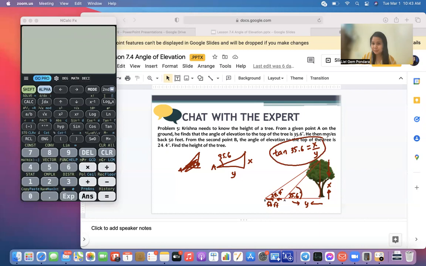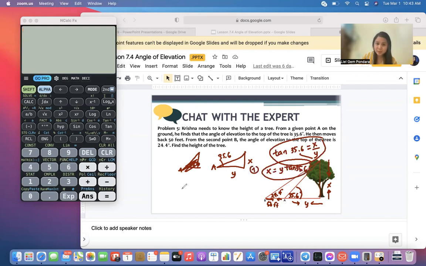This is the first one. Now, what do we do with that? We need to equate it all by x. So cross multiply, we'll have x equals y tangent 35.6.